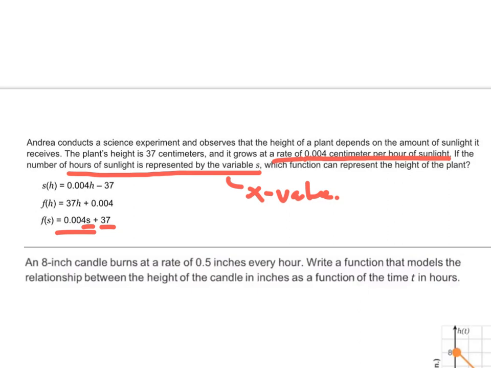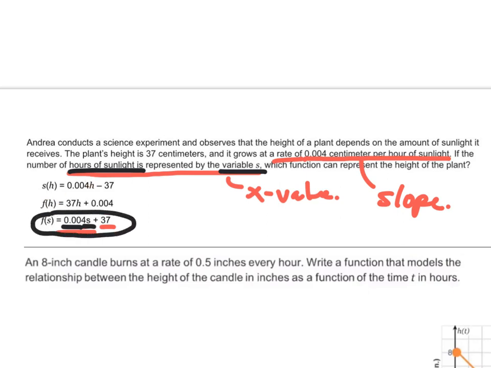When I see rate, that's my slope. Then we take that hours of sunlight is represented by the variable S, so I would take 0.004 and multiply it by S. And that's how I get that. It doesn't really tell us anything about H, it doesn't describe what H is or anything like that, so our only option is this last one here.